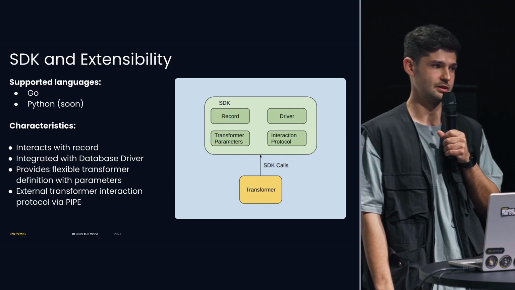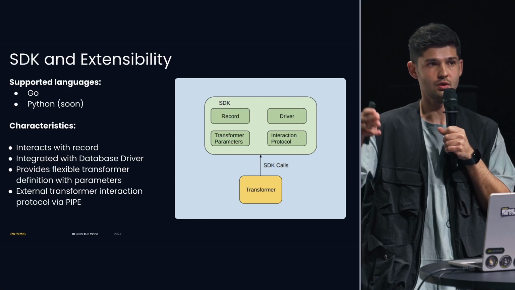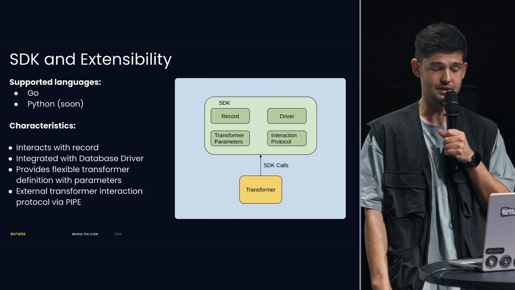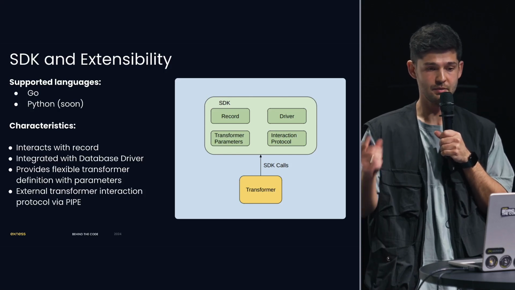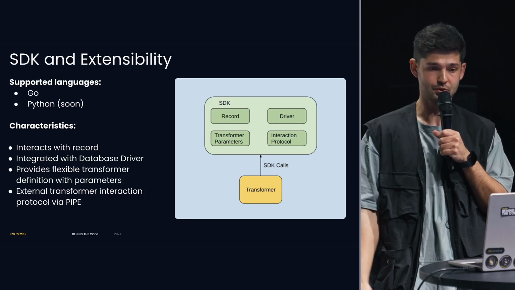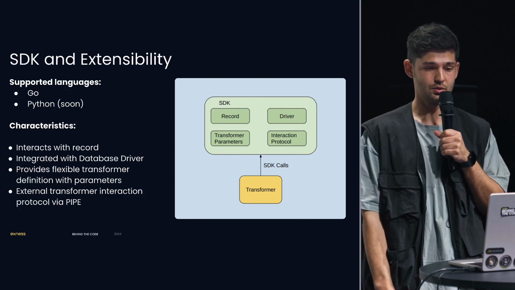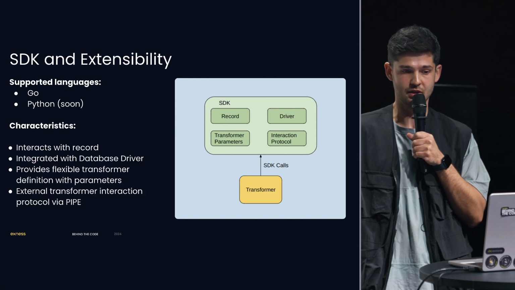Another thing we started to consider is that it would be nice to provide developers something that allows them to focus only on transformation development. That's why we've implemented an SDK. It unites the record, meaning the raw record received from your database driver, and allows you to encode the raw data into scalar data.